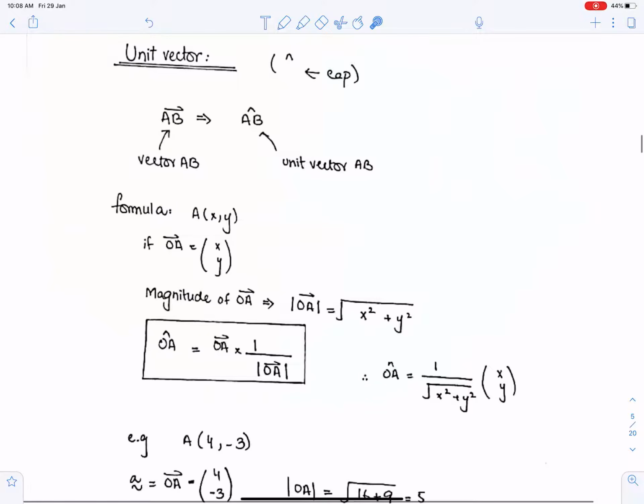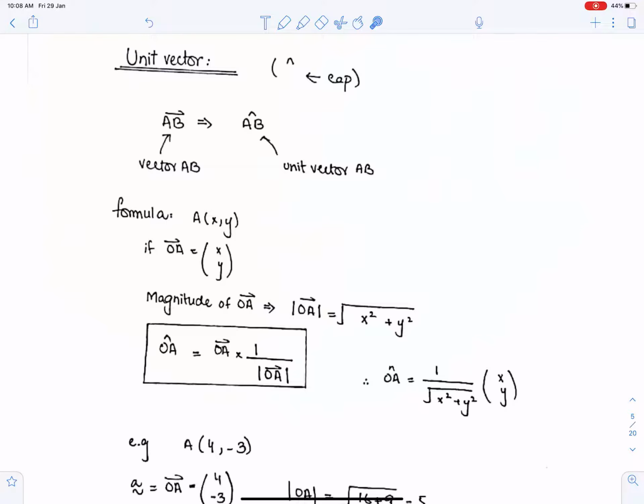Unit vectors. Unit vectors are denoted by a cap, the cap notation. This is known as the vector AB, and this is known as the unit vector AB because of this cap. A unit vector means a vector whose length is 1.